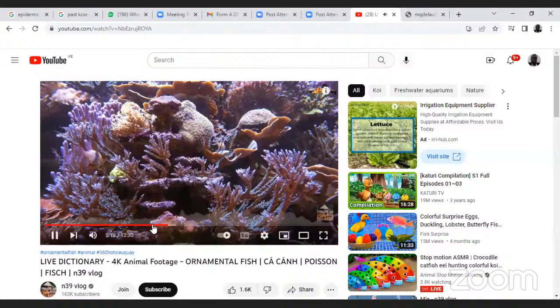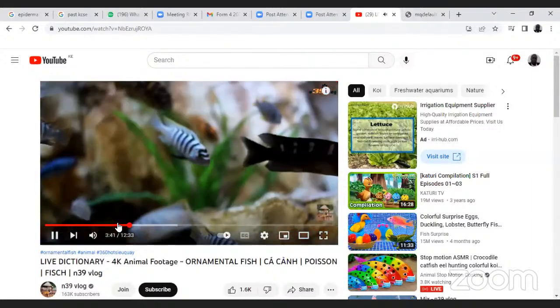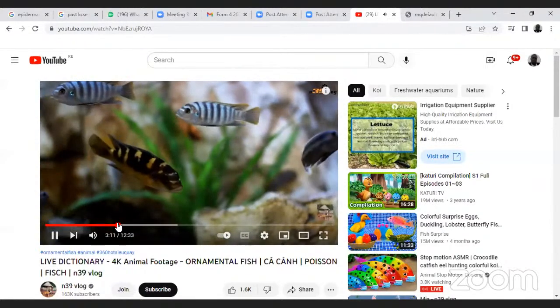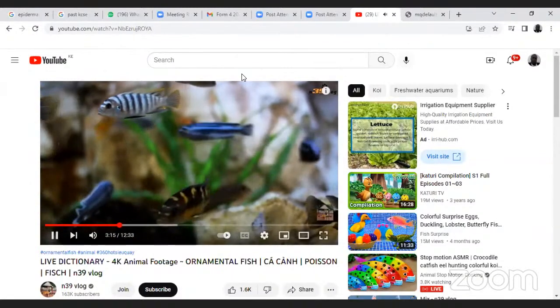So I want to go back here. It is going downward. That's what is called pitching. So the tendency of the head of the fish to point downwards when the fish is moving is called pitching.